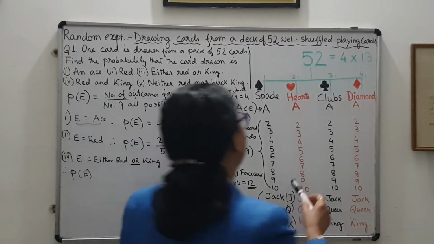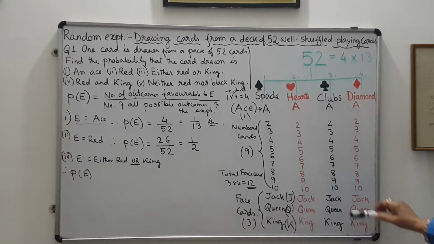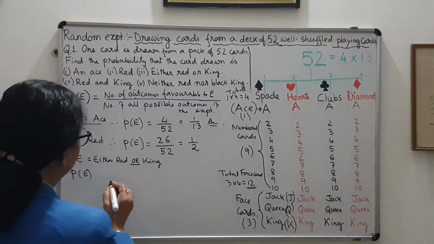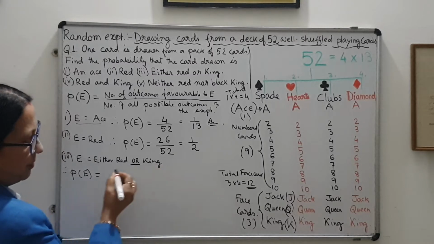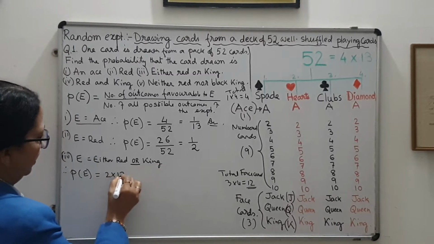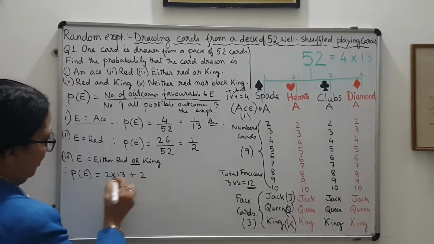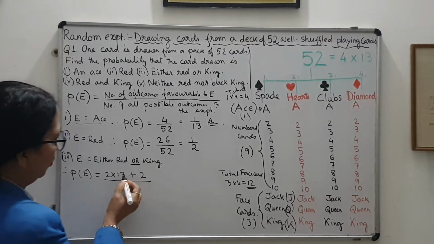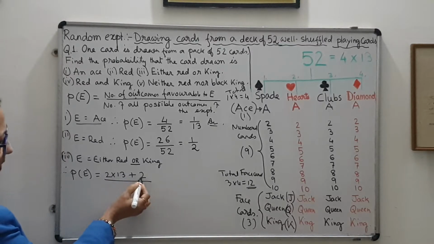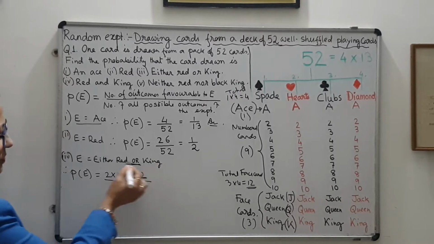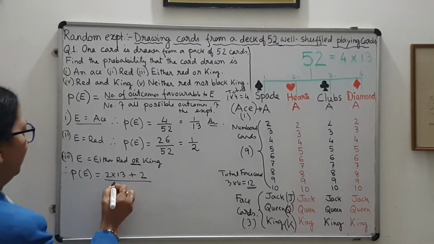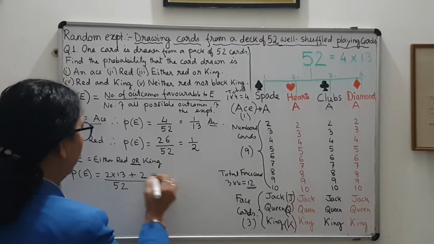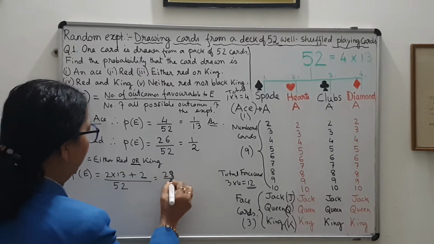How many red cards are there? Again 13 plus 13, 26, and 2 kings are already included, so I have to consider the 2 black kings. The number of favorable outcomes is 2 into 13 plus 2 black kings. Here 2 red kings are included already, and 2 black kings I have to consider because of or; I have to consider both cases. By 52. So it is 26 plus 2, 28 by 52.